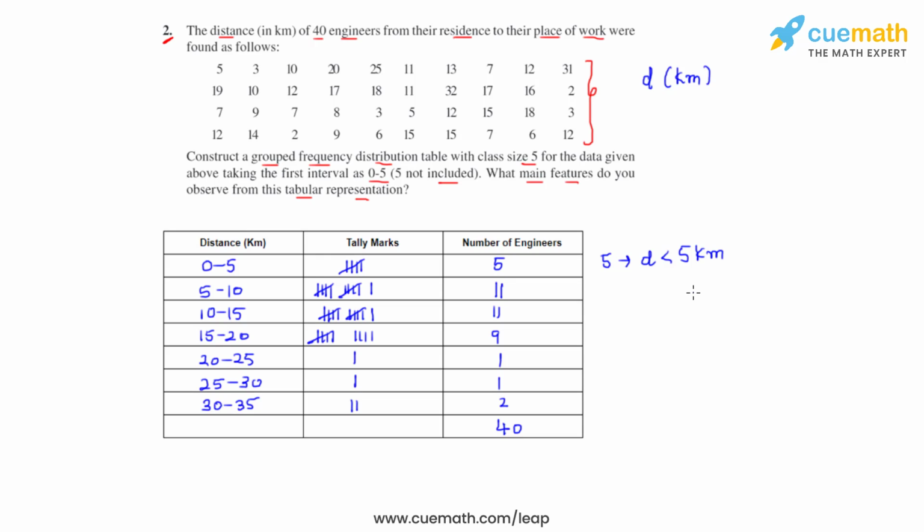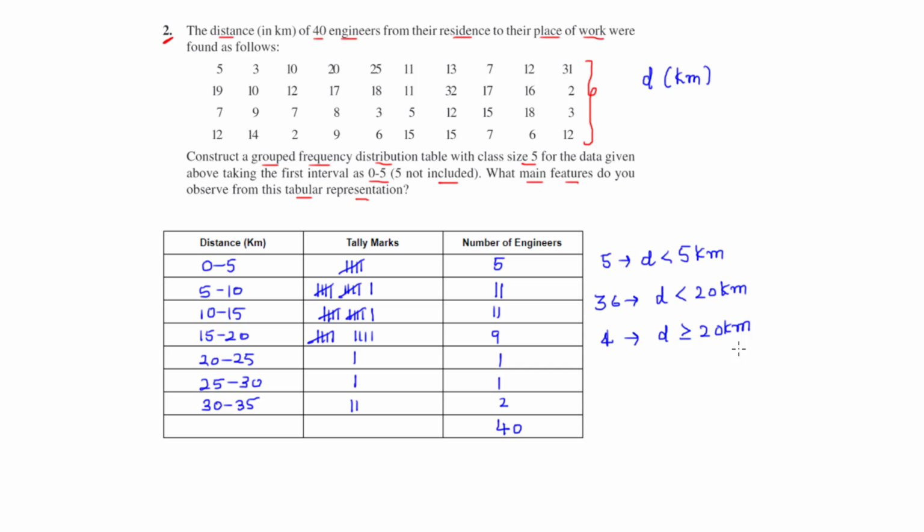Now, there is a majority of engineers, that is a total of 36 engineers, for whom the distance D is less than 20 kilometers. And then finally, there are 4 engineers for whom the distance D is equal to or greater than 20 kilometers. So these are the main features that we observe from the tabular representation.